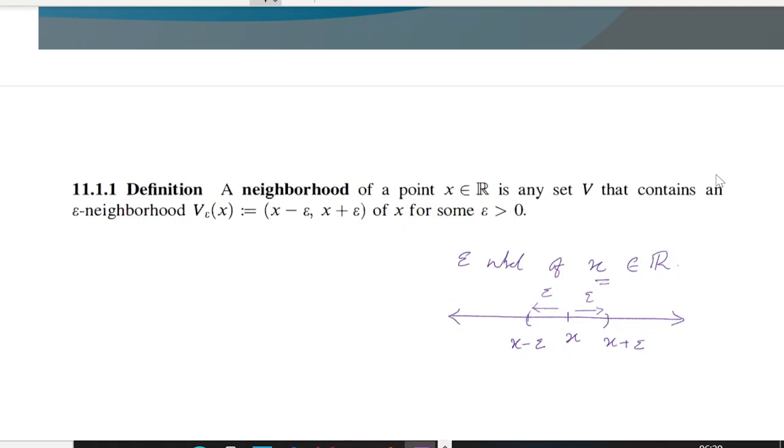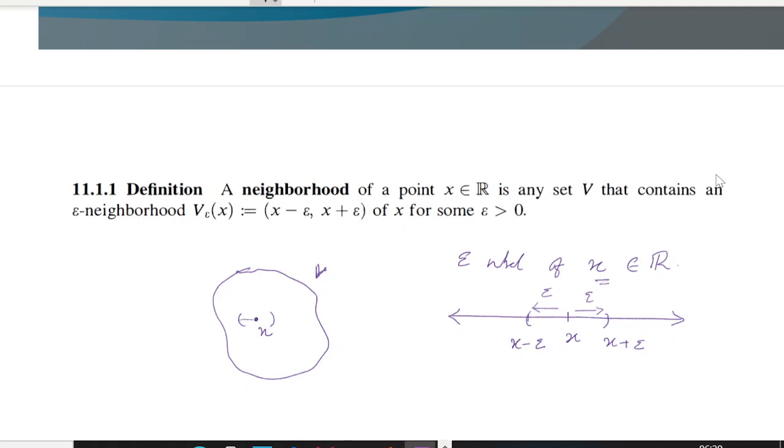So when we say that it's a neighborhood, that means suppose you have a point here and a set. Suppose this is my set V. When you say that V is a neighborhood of this point x, the condition is that it should contain an epsilon neighborhood.